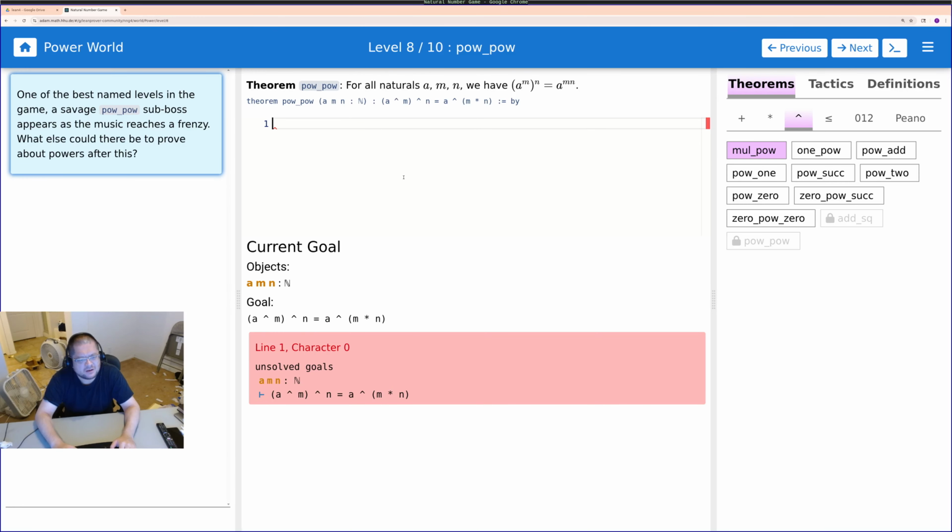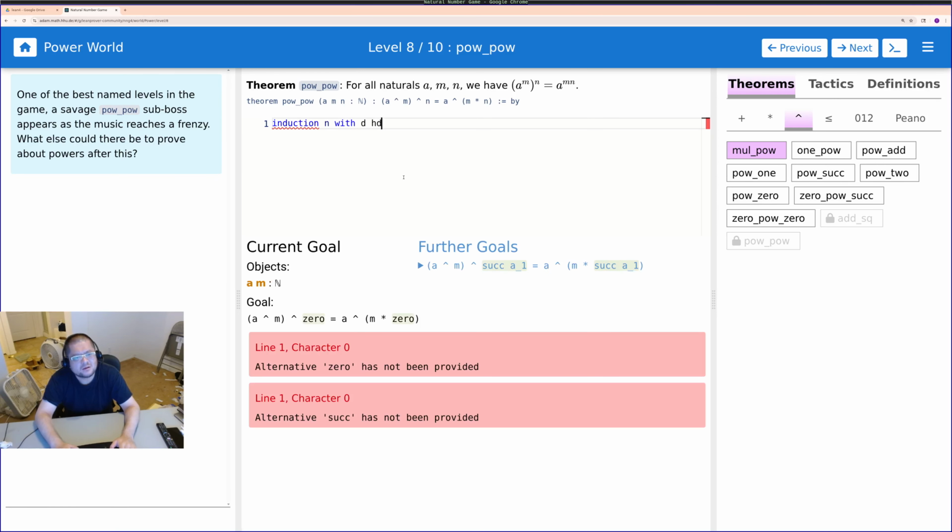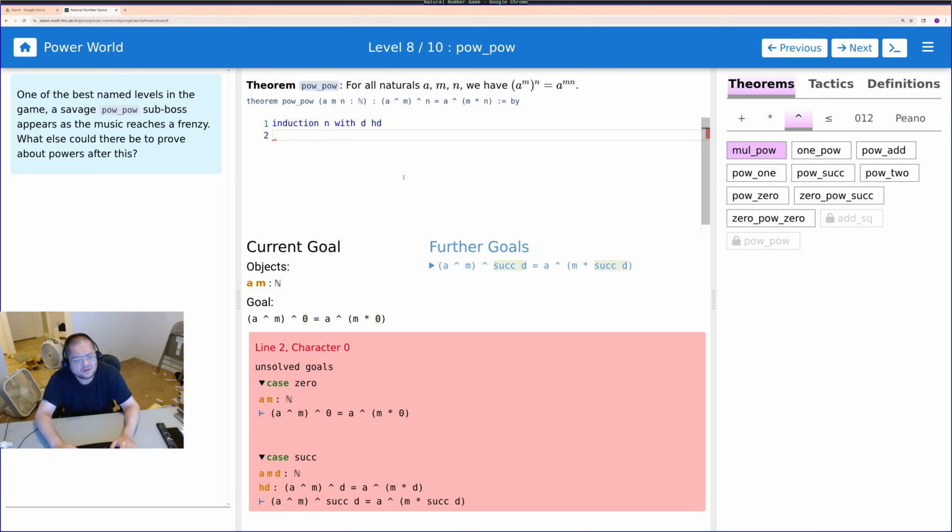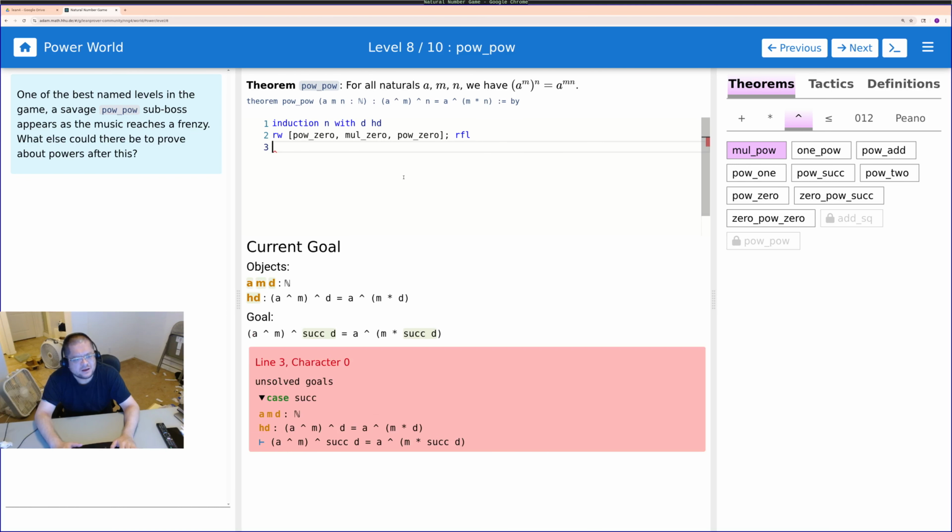Power to the power. Probably definitely. Power of 0. Great, that finishes it. Base case done.